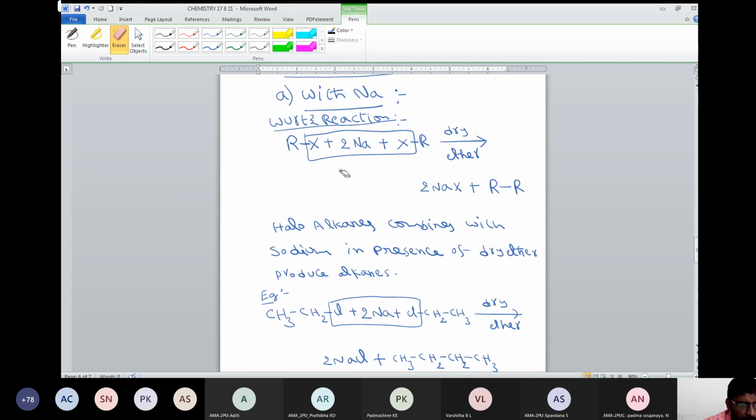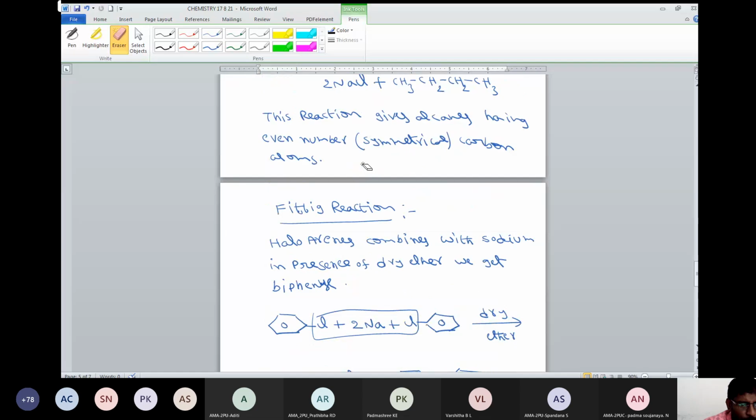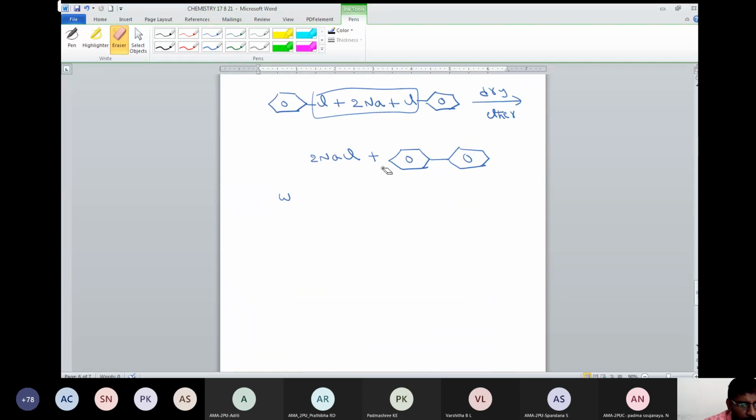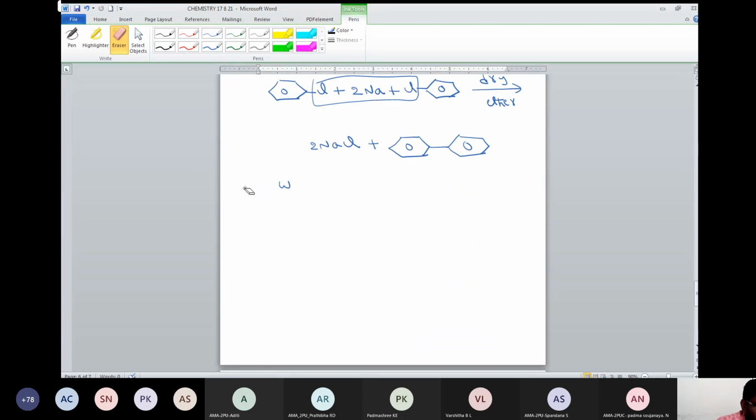Yes, first one is Wood's reaction, second one is Fittig reaction. The third one will be the Wood-Fittig reaction.